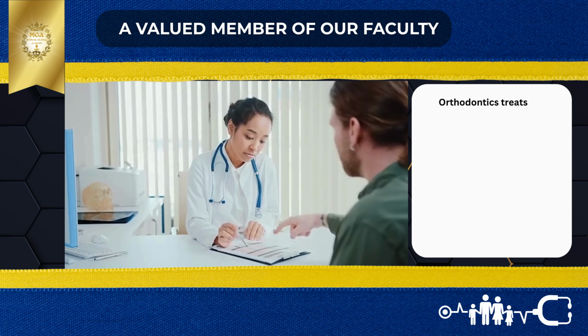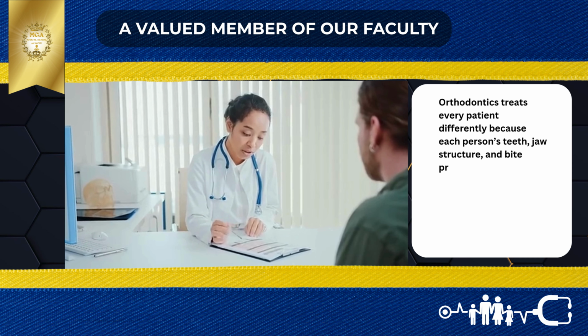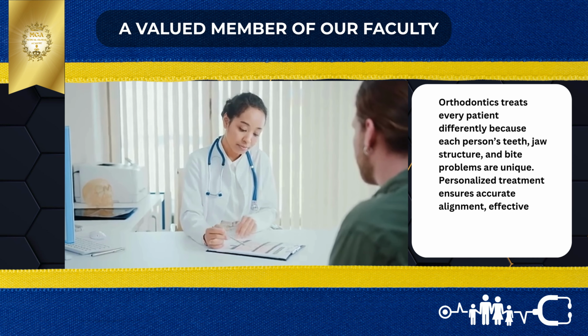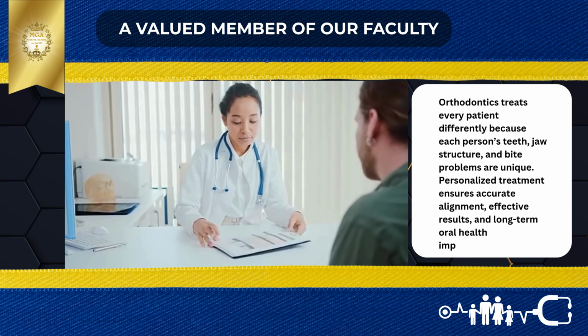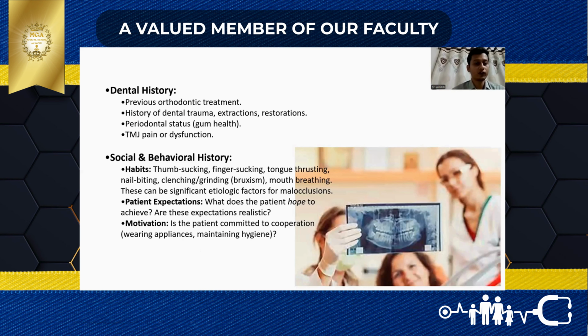Orthodontics treats every patient differently because each person's teeth, jaw structure, and bite problems are unique. Personalized treatment ensures accurate alignment, effective results, and long-term oral health improvement. Next is your dental history, where you will take history of any previous orthodontic treatment.